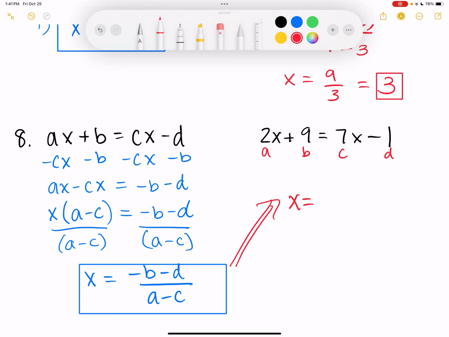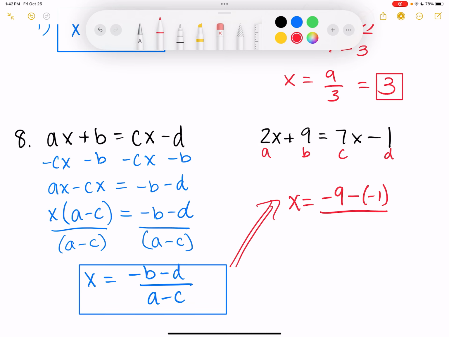So x equals negative B. B is 9, so negative 9 minus D, and D is negative 1. So I'm going to put parentheses there so that I don't lose that sign. You could just put plus 1? You can. I'm just doing it so everyone sees what's happening.